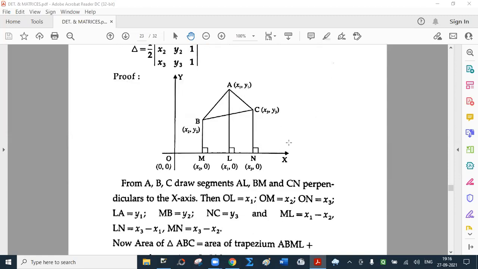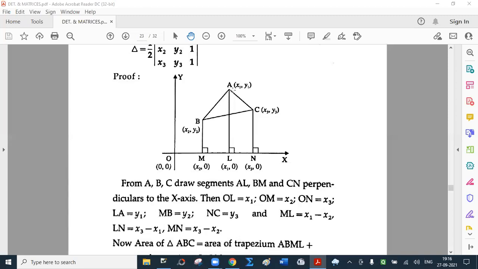Draw perpendicular segments AL, BM, CN from the 3 vertices. Clearly, OL is x1, because from the point A, the perpendicular is drawn on the x-axis. The foot is associated with the x coordinate, which is x1, and so on. So OL is x1, OM is x2, ON is x3. So what is LA?